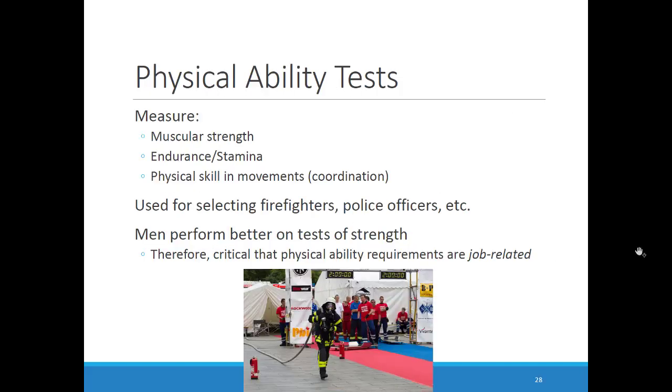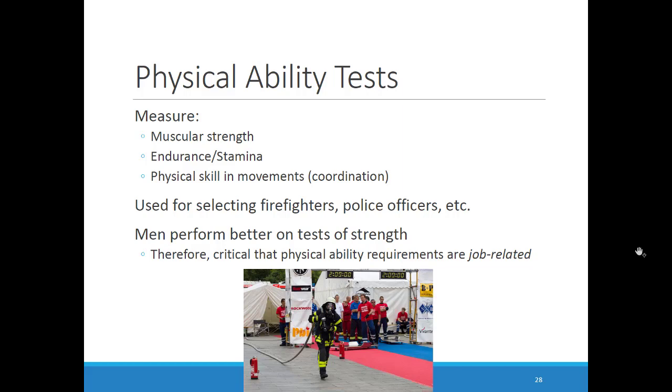All right, in terms of physical ability tests, these measure things like muscular strength, endurance or stamina, and physical skill in movements or coordination, like hand-eye coordination. These are used for selecting firefighters, police officers, and other people for whom physical ability is an important part of the job. So men tend to perform better on tests of strength. So this can result in some adverse impact against women.